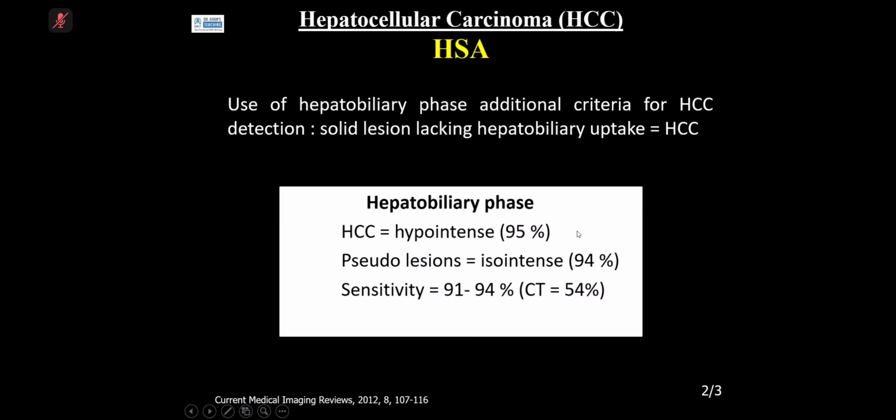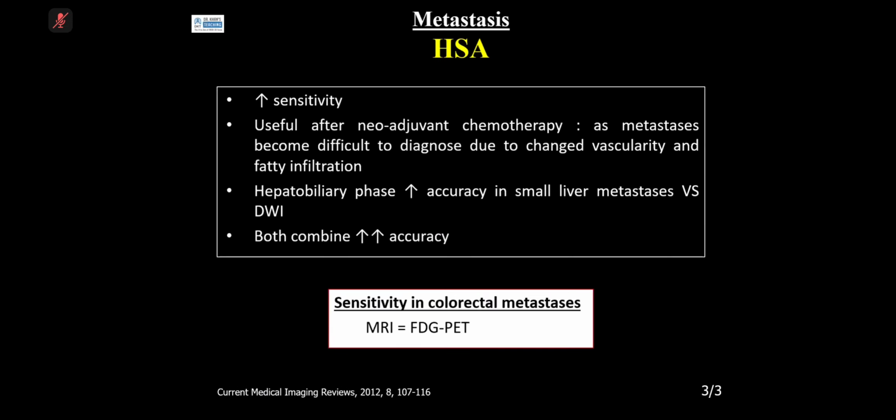In our clinical practice, we are now using hepatobiliary specific contrast more and more as a problem-solving tool in cirrhotic nodules to diagnose early HCC, and we are also using it in colorectal metastasis, which is common sense.